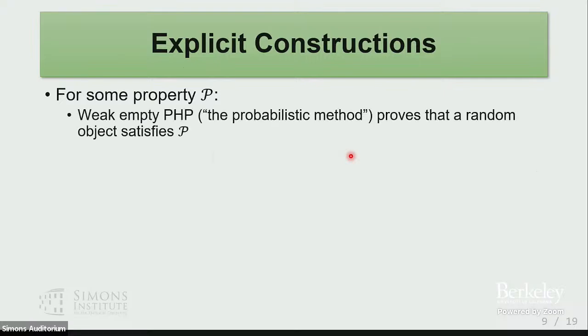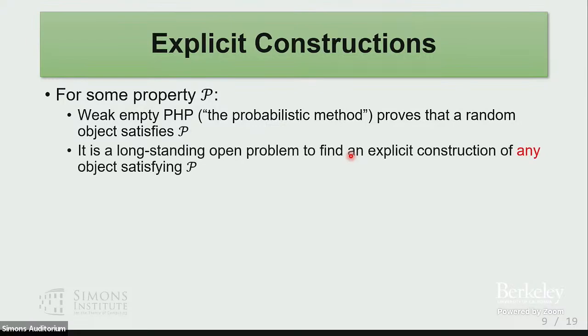In general, there is a phenomenon of explicit constructions. There are some properties P that people are interested in, and you can use the weak empty pigeonhole principle to show that a random object satisfies P with high probability.